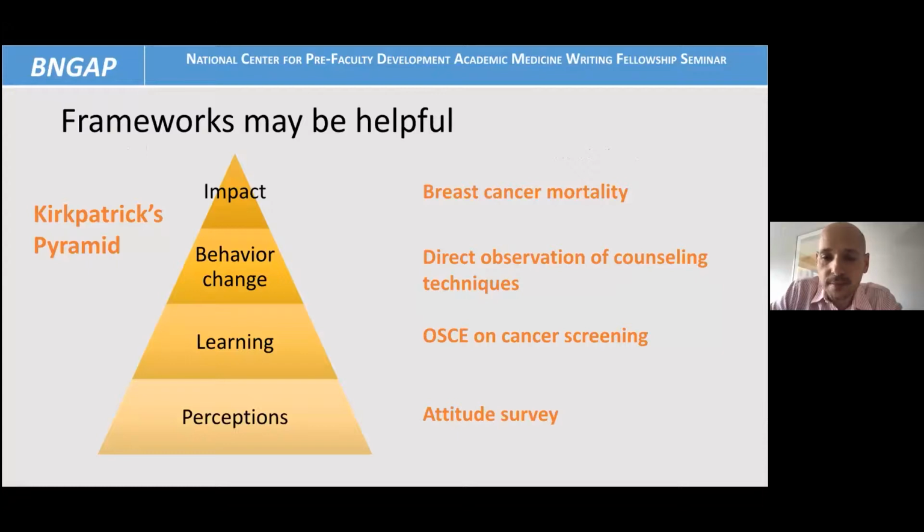Level 1, perceptions. If all that you do is collect perceptions data, that is enough. Level 1 perceptions data is enough to have your module accepted into Methods Portal.